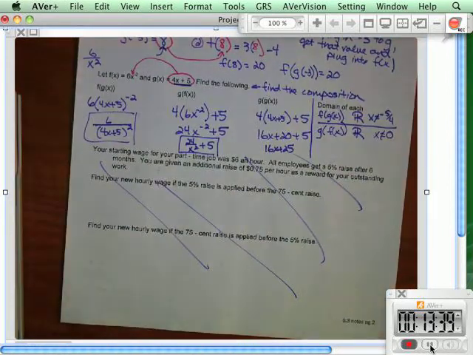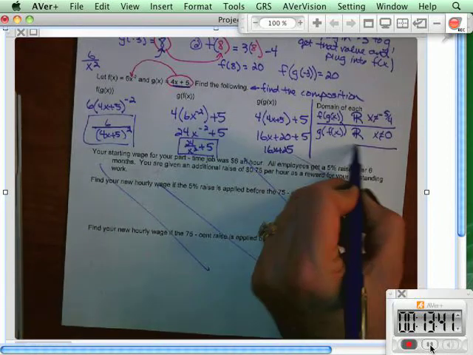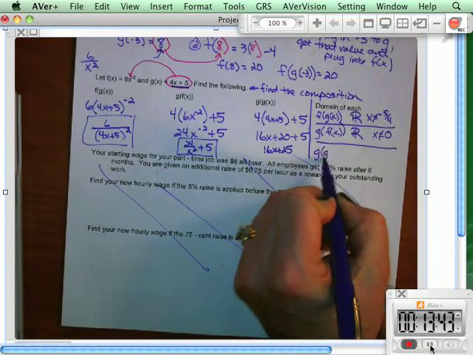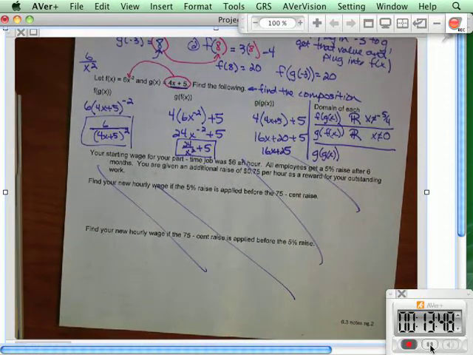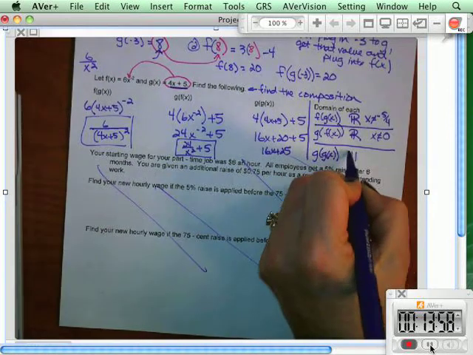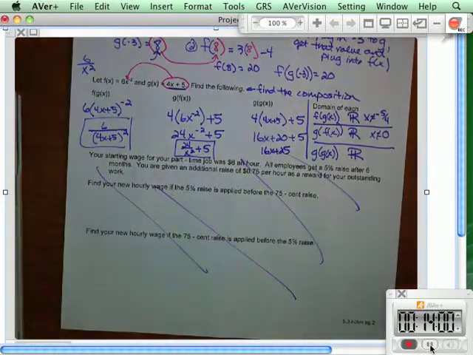And then the last one, g of g of x. Is there anything that x can't be since I'm sticking it inside itself? There really isn't. There's no denominator that can't be 0 in that. Okay, so it's all reals. The domain's kind of weird.